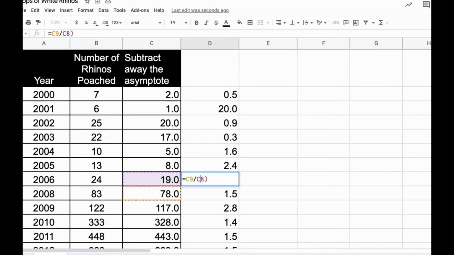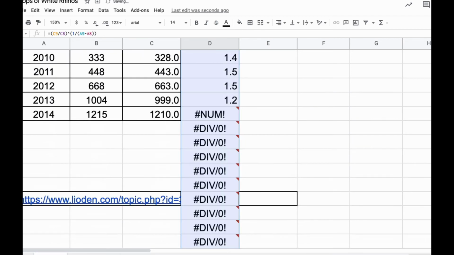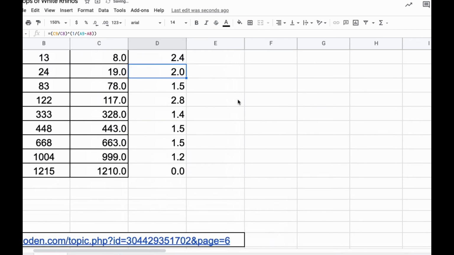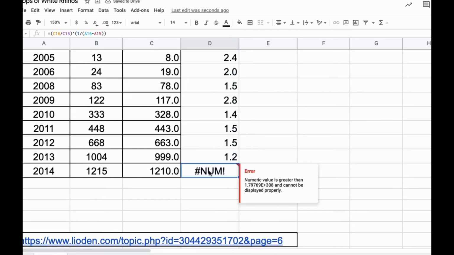But I really need to add to this: I'm going to put it to the power of 1 divided by, and I'm going to use 2008 subtract 2006. Now it's going to be a formula. If I hit enter, I get 2 as my value. And if I drag this down, I get the same thing. Now, you'll notice that there's an error here.